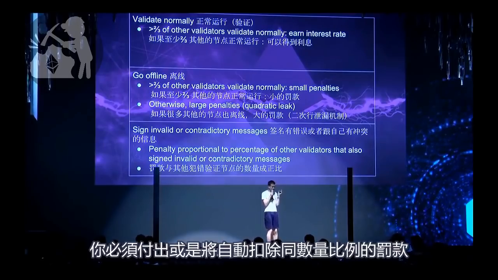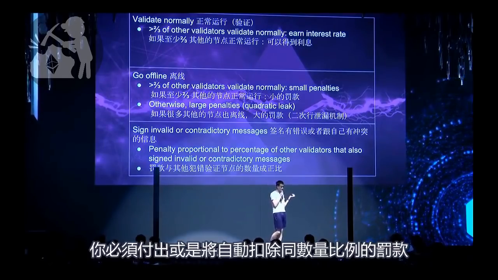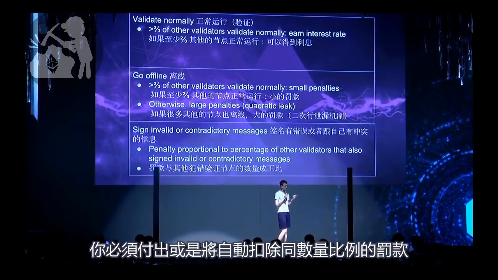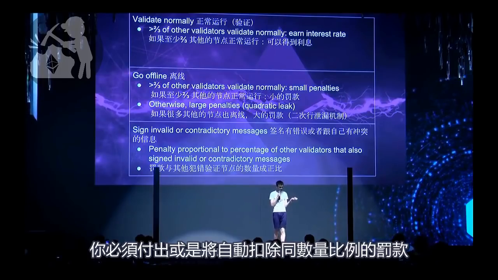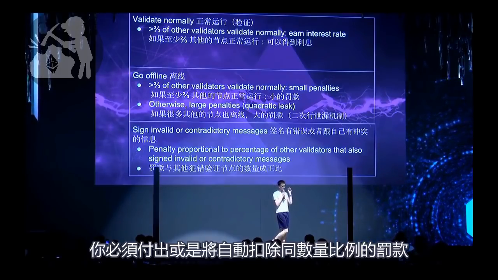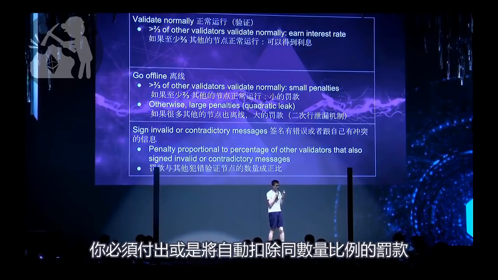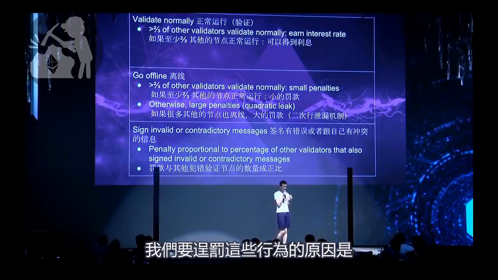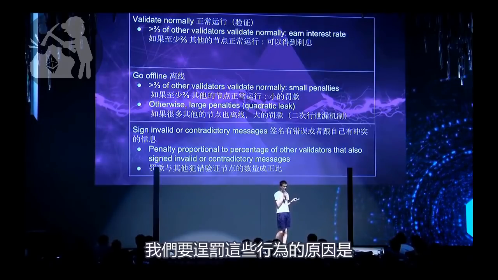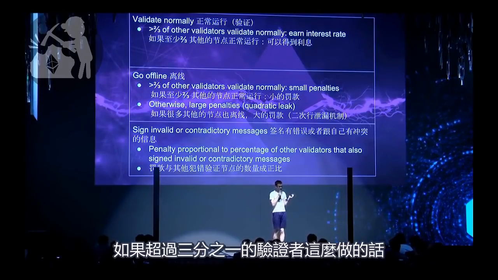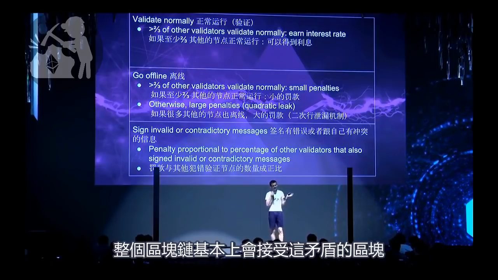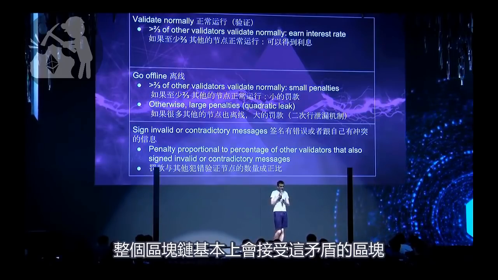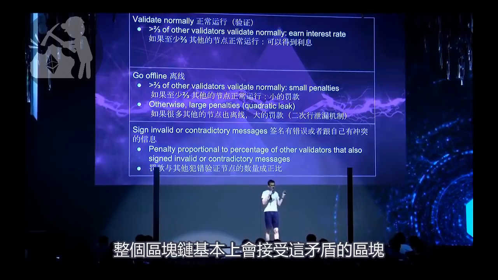messages. If this happens, then there's a penalty that gets automatically deducted, which is proportional to the percentage of other validators that also sign invalid or contradictory messages. The reason we need to penalize this is that if at least 1/3 of validators do this, then the entire chain could potentially finalize contradictory blocks.